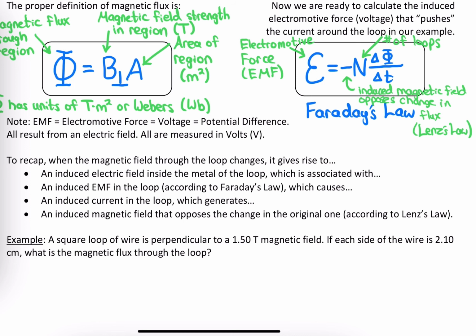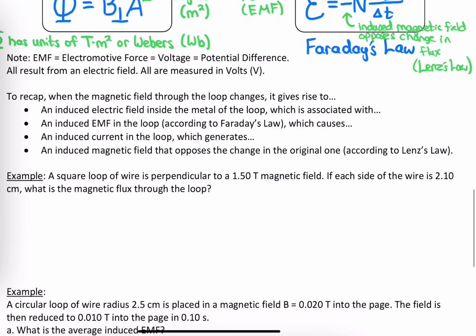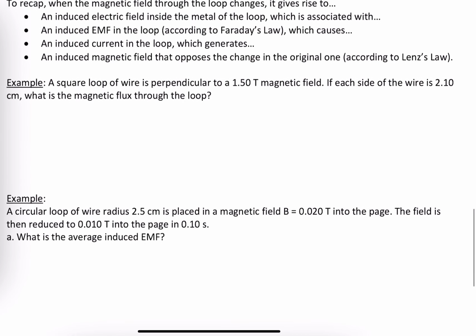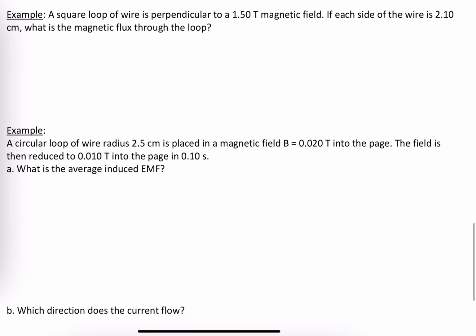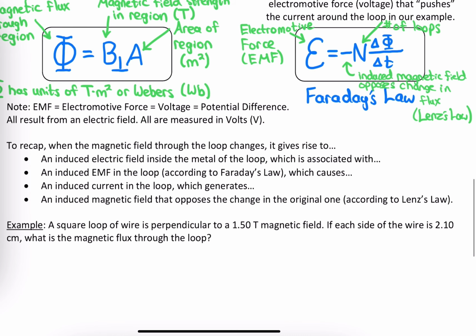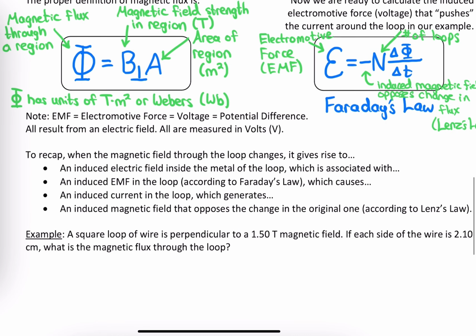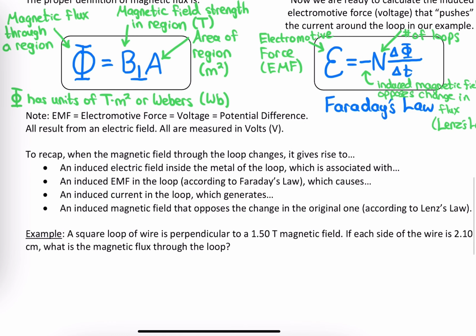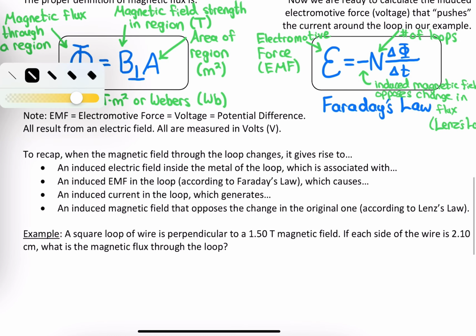So with these concepts and these formulas, let's now try to tackle a couple of problems. First of all, we're just going to do a problem to do with the idea of magnetic flux, and see if we can calculate some flux. So, a square loop of wire is perpendicular to a 1.5 Tesla magnetic field.